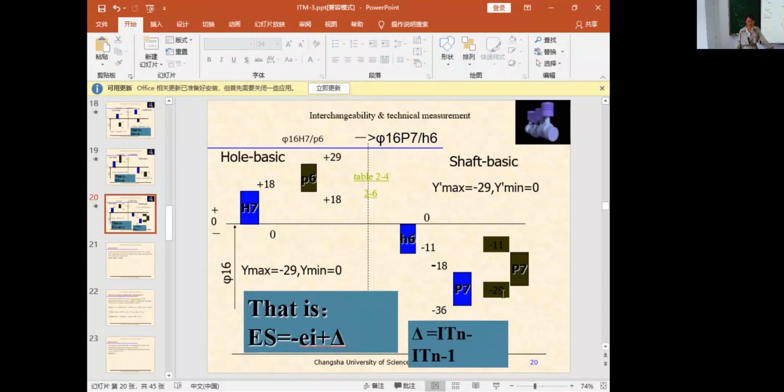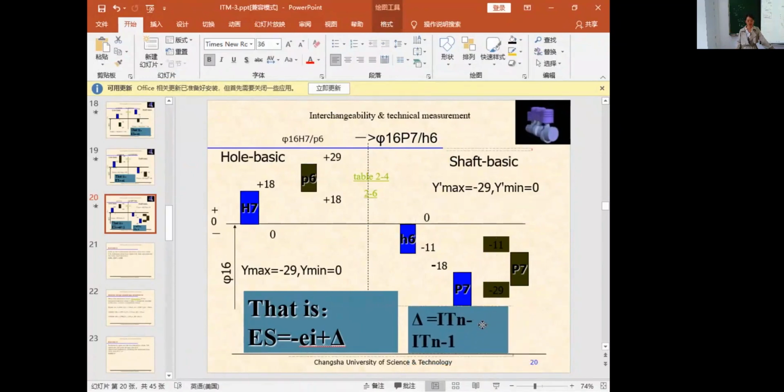With this tolerance and this tolerance, can you calculate the maximum interference and minimum interference? Maximum is minus 29. Minimum is 0. So when you add a delta, they have the same fit.